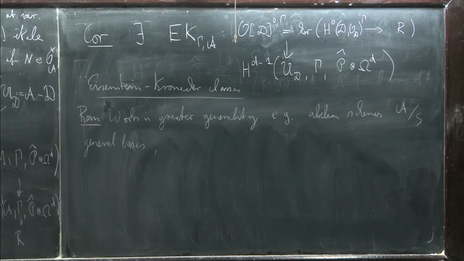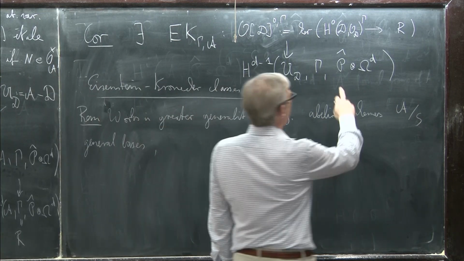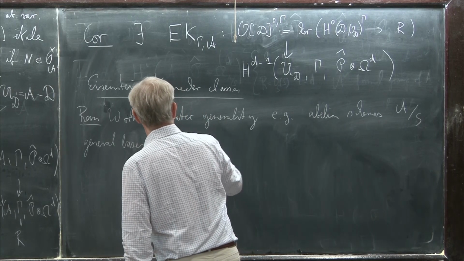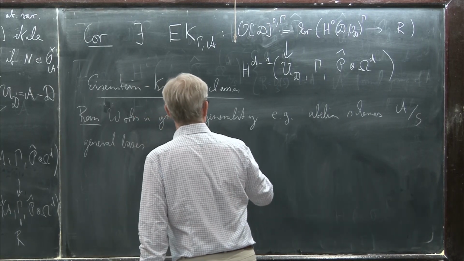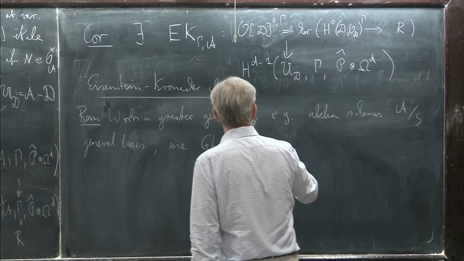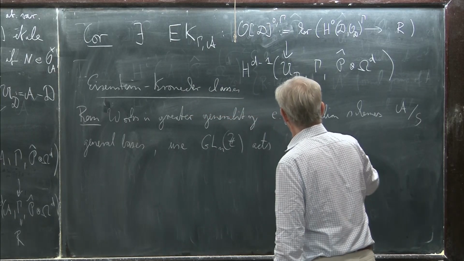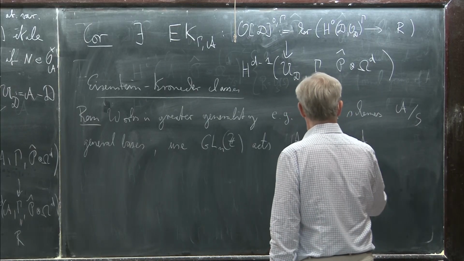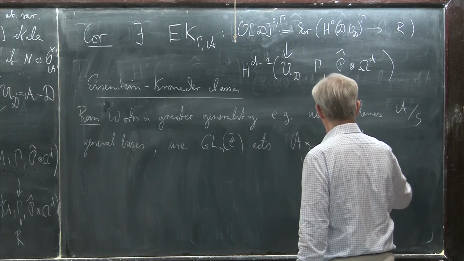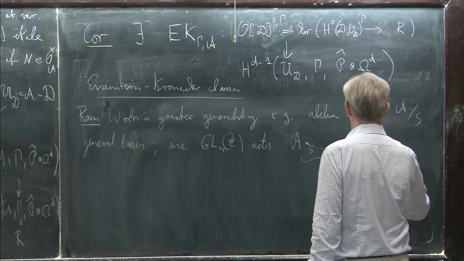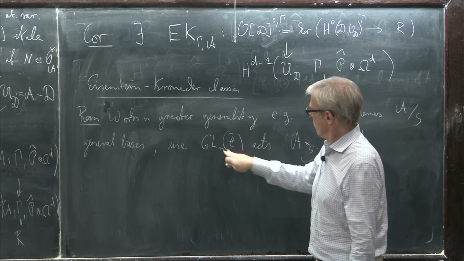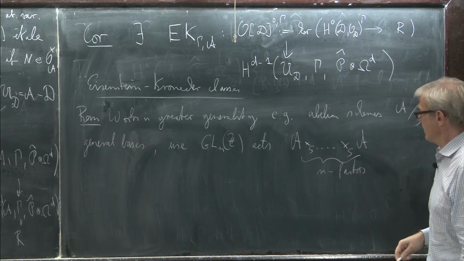You can also do the equivariance more interesting. Use GL_N(Z), which acts naturally on A times A and factors. So you can do something like this, then you get group cohomology classes in GL_N(Z).